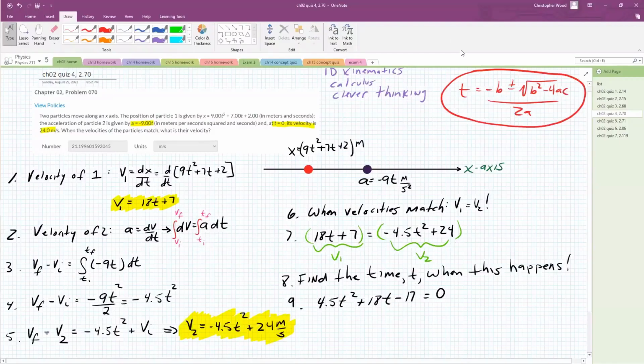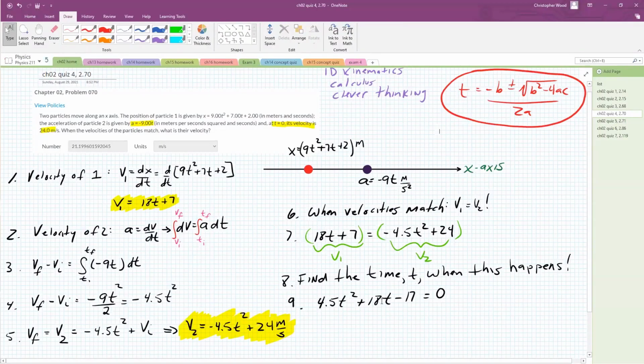My squared term is 4.5. My linear term is 18t. So I got 4.5 t squared, that's where I got the 4.5 from, plus 18t. 18 is the coefficient of that linear term. Linear means the exponent is 1. So this would be 18 right here.